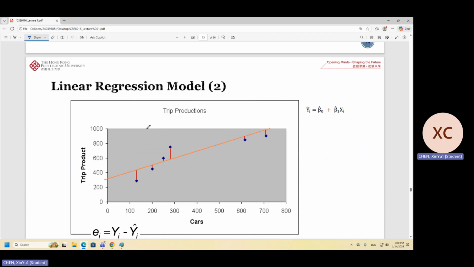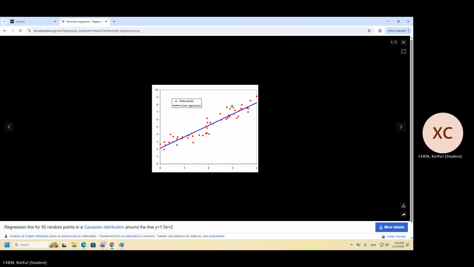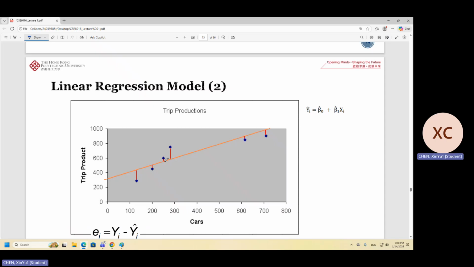Then the logic of the regression: what is the best line? For instance, we can draw a line somewhere here, and somewhere here. Then how do we know this orange line is the best? What is the logic there? The mathematical logic is that we calculate the difference, the error. This is the y, this is the x, this is the observation, and for this x, this is the estimated value.